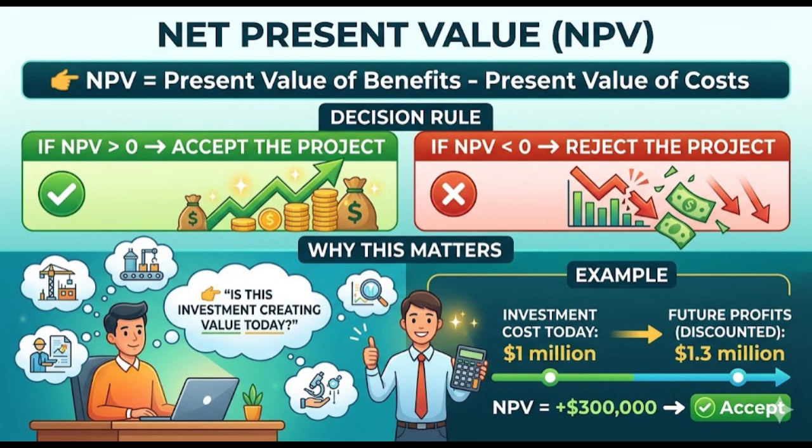For example, if a project requires an investment of $1 million today, but its discounted future profits amount to $1.3 million, the resulting NPV of plus $300,000 signals that the project is financially worthwhile and should be accepted.